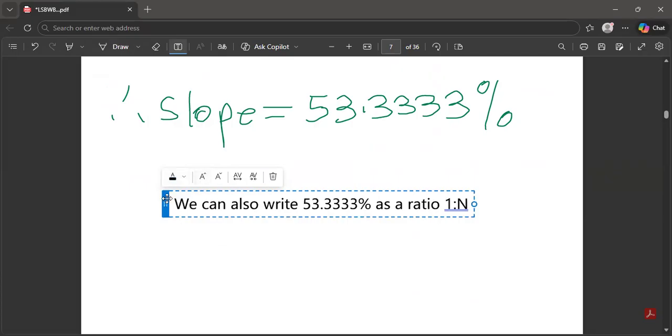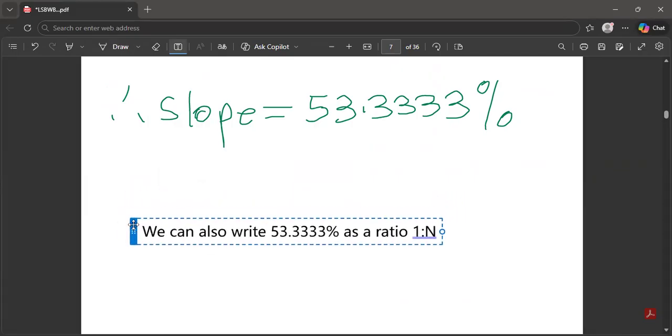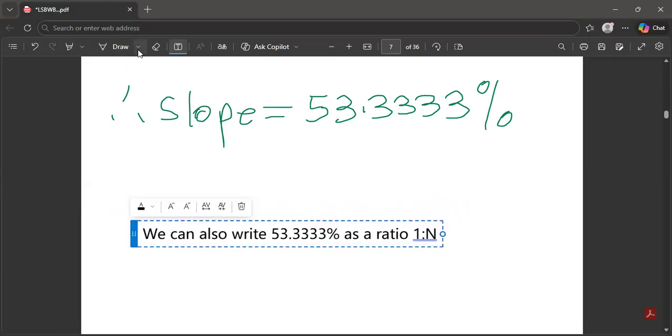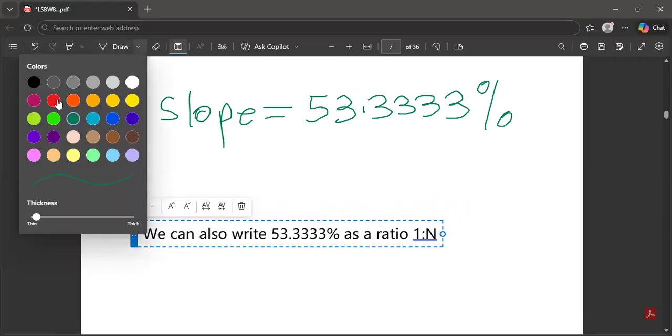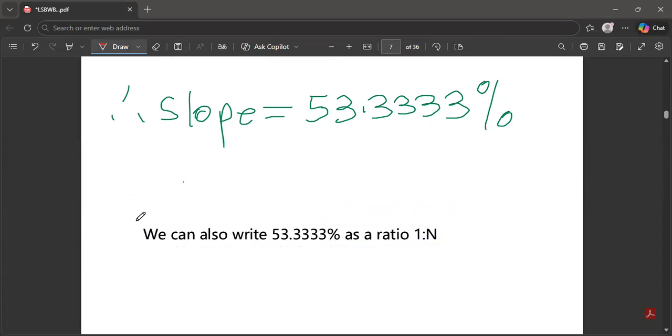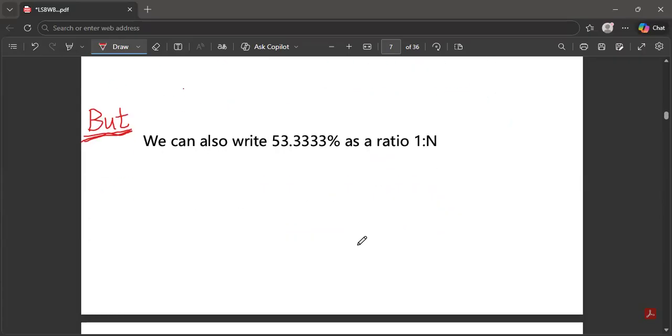So that is to say that we can also write 53.333 as a ratio.